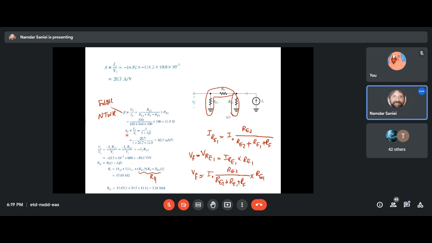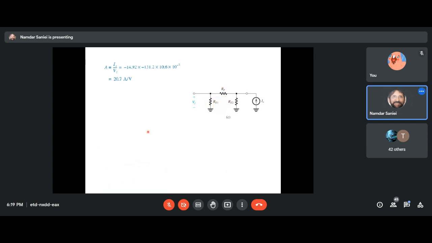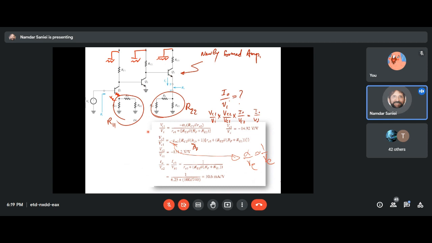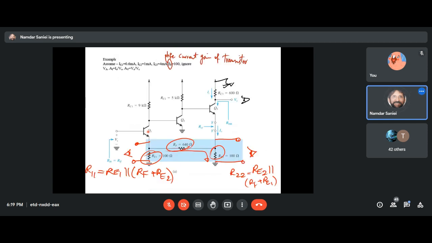So gain is found by this equation. However, that will give us IO over VS, but often we are interested in the voltage gain of the circuit. So the output of the circuit is different from the output of the loop.